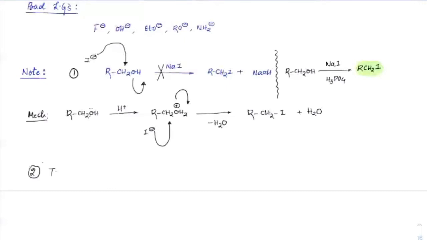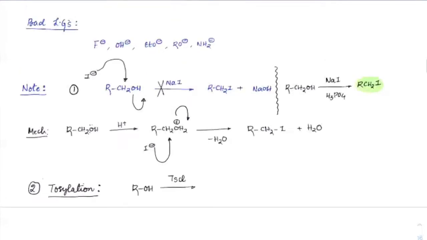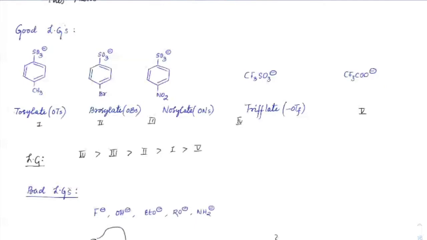This reaction is called tosylation. What happens in tosylation? If we take ROH and react it with TsCl, that is tosyl chloride, you can see this is tosylate, and if you add chlorine at the end, that becomes tosyl chloride.